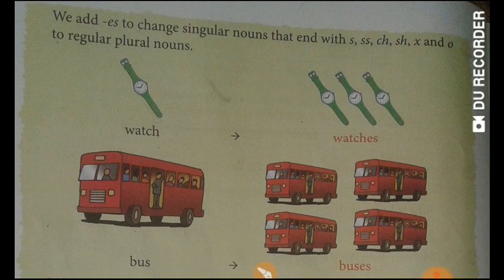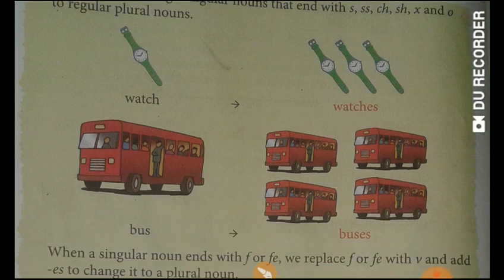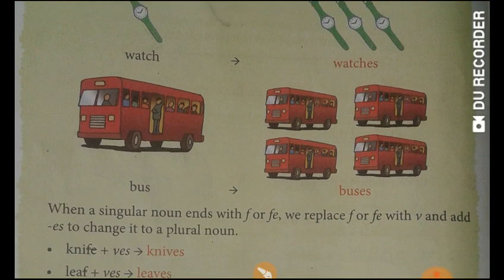For example, watch. Here the last two letters are ch, so if we want to make its plural, we add es to it, so it becomes watches, which is the plural of watch. Similarly, bus, its last letter is s, so we have to add es to make its plural.